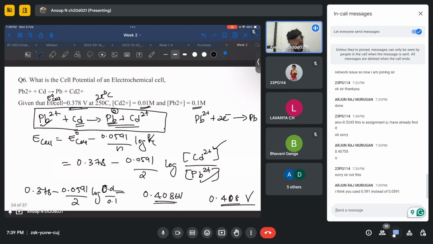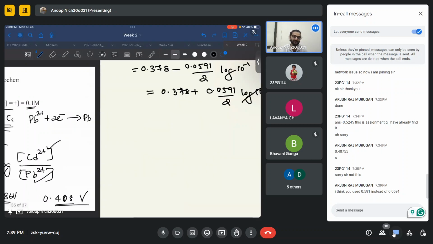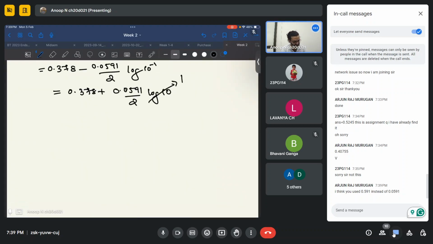Did I use it wrongly? Okay, you might have used 0.591 instead of 0.0591. Arjun is right actually. If you use 0.591, the answer will be coming 0.6735. So it is 0.0591, which is actually about 60 millivolt.